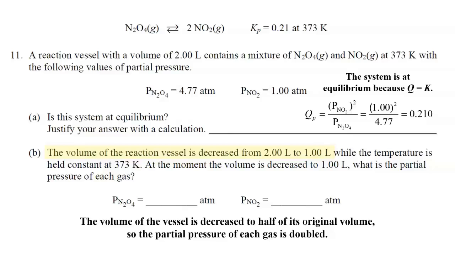So 4.77 times 2 is 9.54, and obviously 1 times 2 is 2. So the new pressures as a result of this stress or this disturbance are 9.54 atmospheres for the pressure of N2O4 and 2 atmospheres for the pressure of NO2.